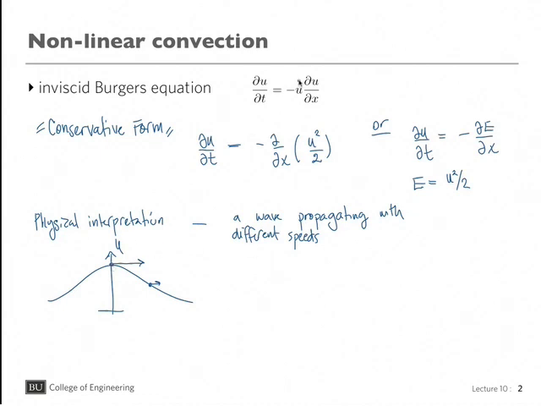Before, we had a constant speed. Before it was just c. Every part of the solution moves at the same speed. Now we have a speed that changes at every point. So the wave propagates with different speeds at different points, such that eventually a shock will be formed.